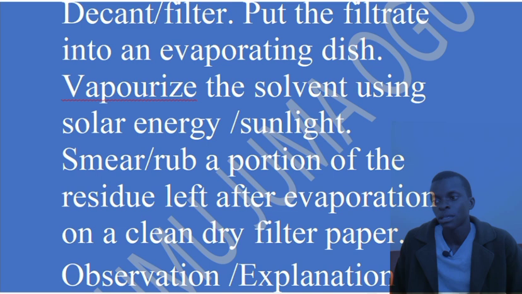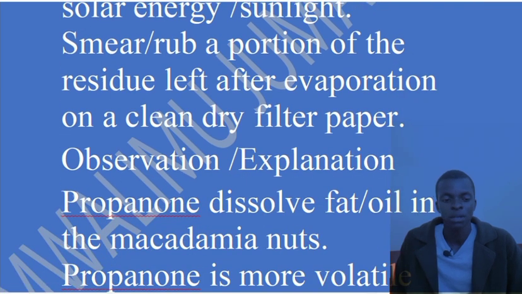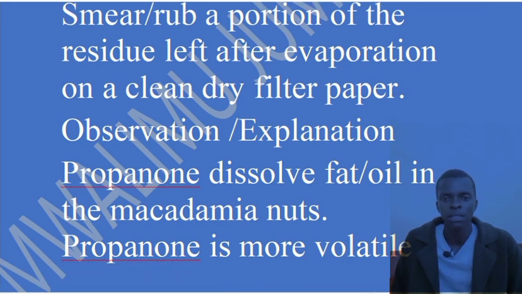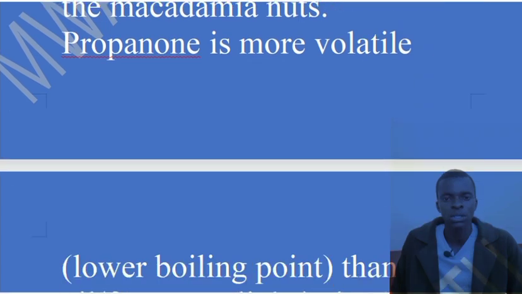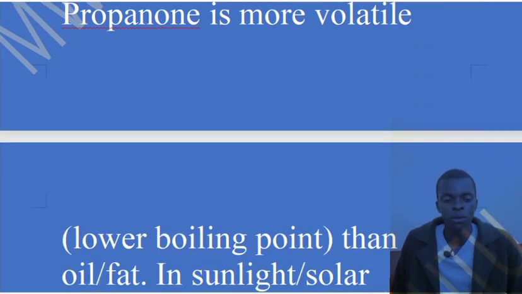So other than macadamia, you have corn, wheat, rice, soya beans that may be used instead of the macadamia seed. When we are testing for the presence of oil or fat, we smear or rub it on an opaque paper, and the opaque paper becomes translucent. That's the test that can show us the presence of the fat or the oil.